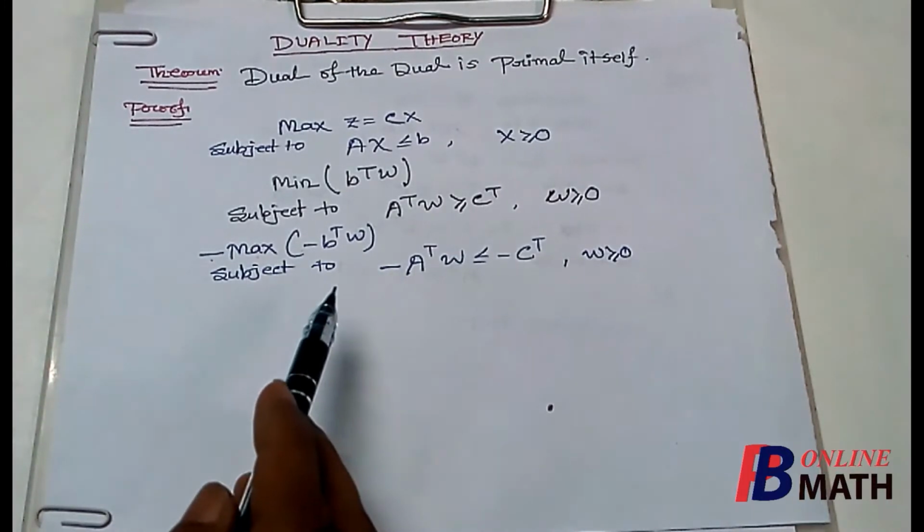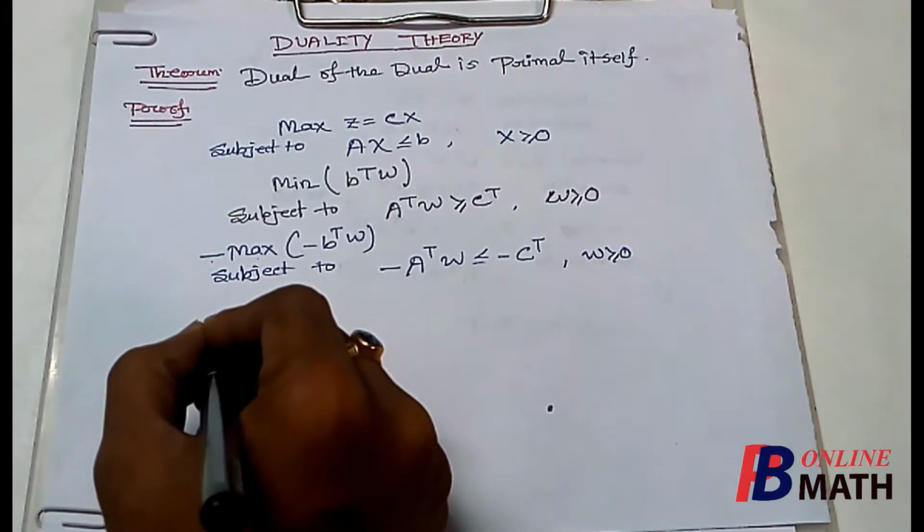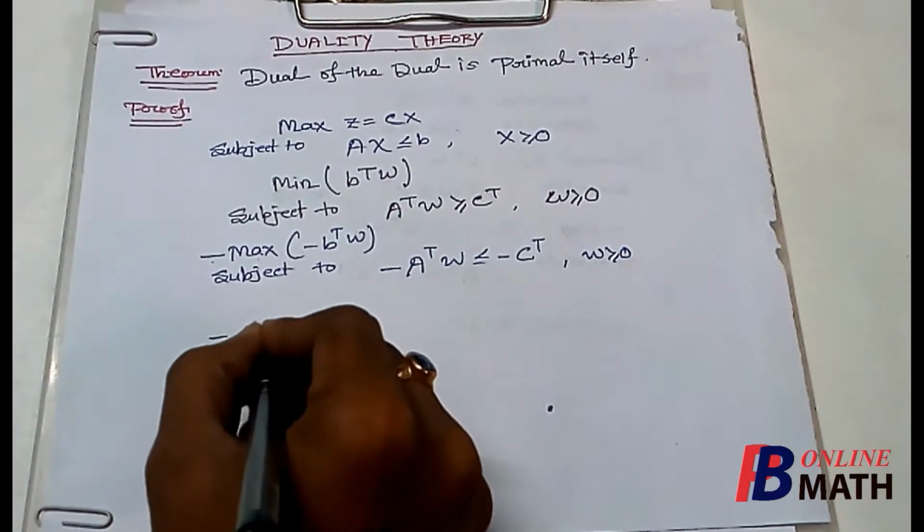If we want to find its dual, then we know that it will be minus of a minimization.